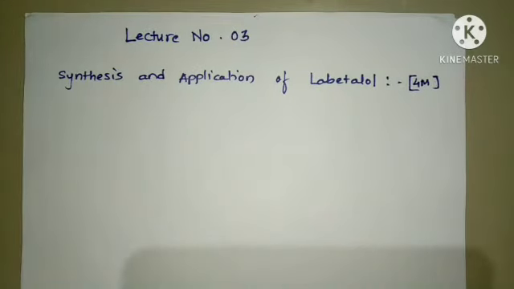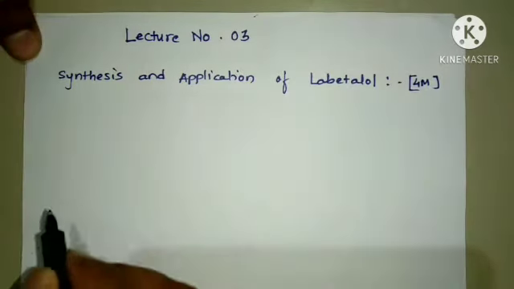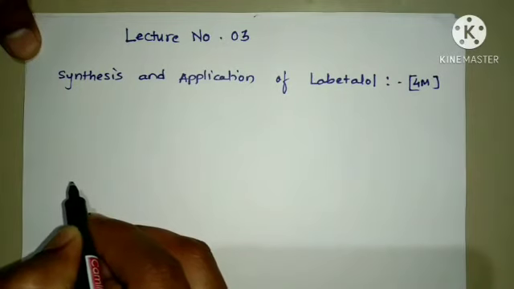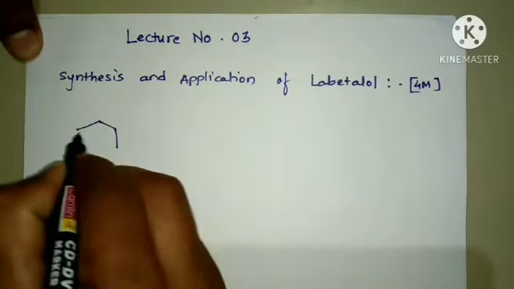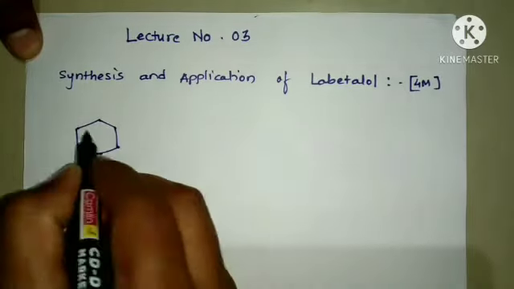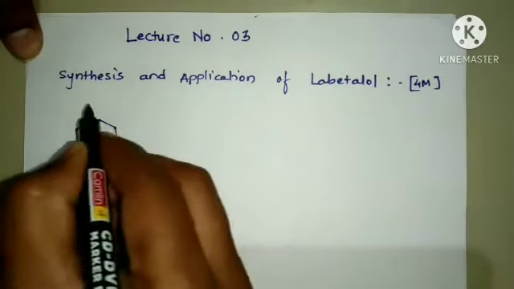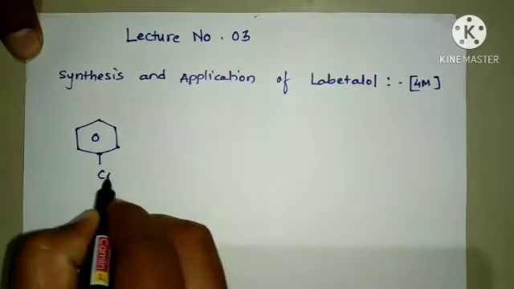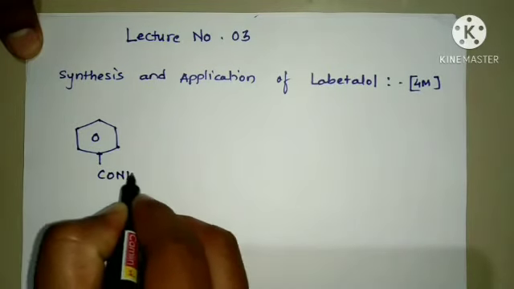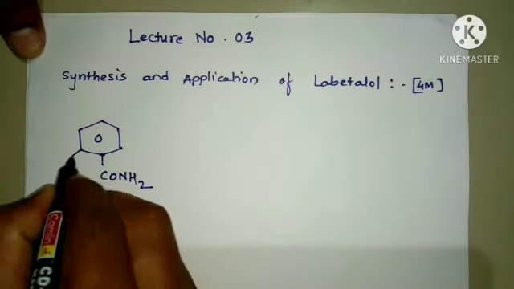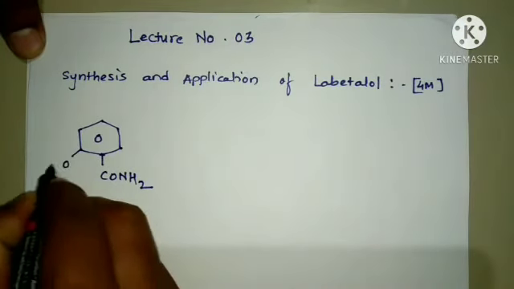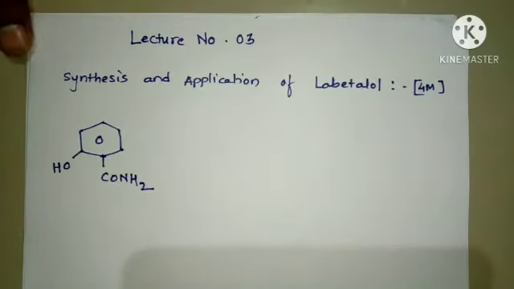In this synthesis, the reactant molecule required is salicylamide. The structure of salicylamide is a benzene ring attached to an amide group, that is CONH2, and at the ortho position there is an OH group.